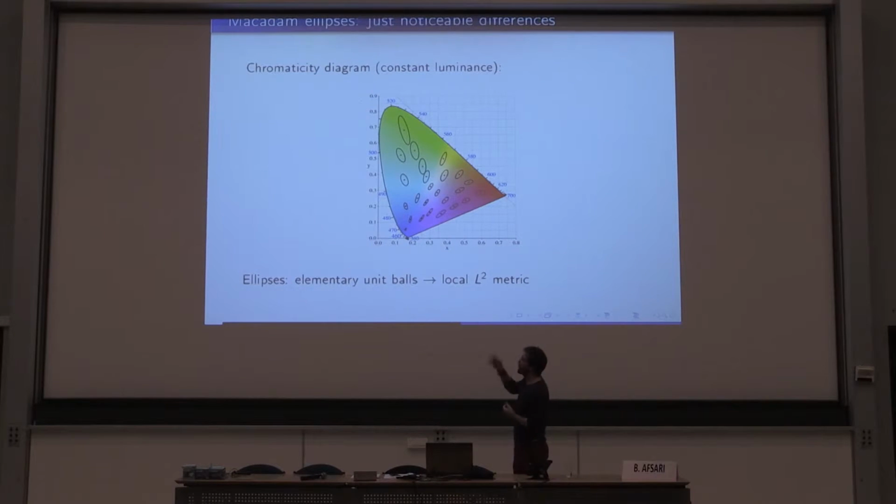So MacAdam made many measurements to build 25 of these ellipses in a space of constant luminance. And these ellipses can be considered as elementary balls of the perceptual metric. So here we have information on the local scalar products of the Riemannian metric.